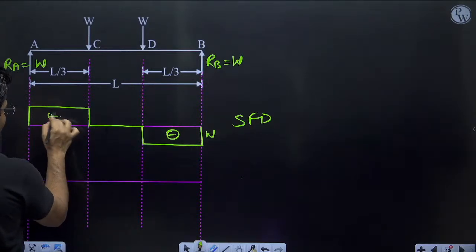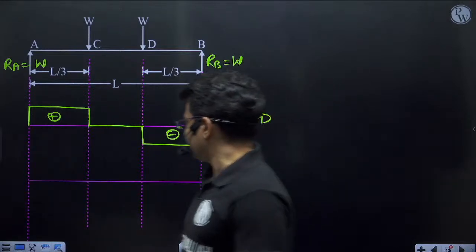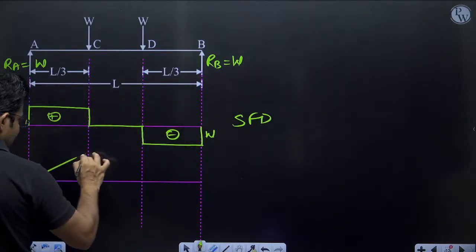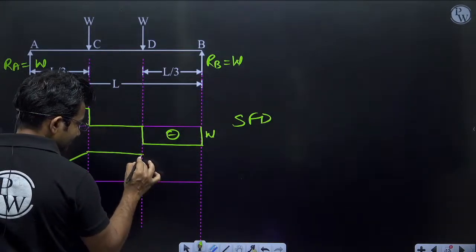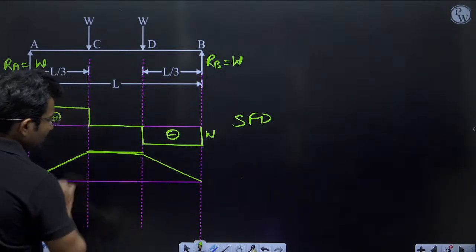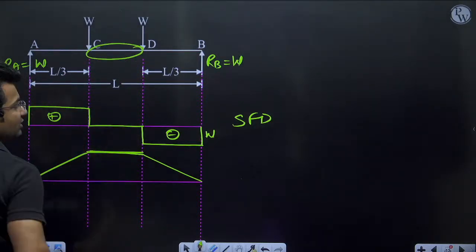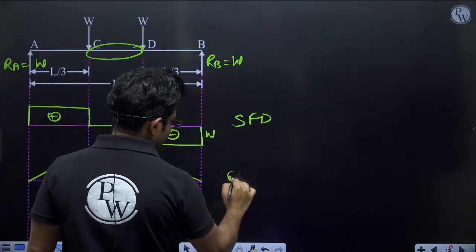So this will be positive. So this will be the shear force diagram. What will be the bending moment diagram? Bending moment diagram is also easy. This will be the bending moment diagram. Okay, now in this region, in the question they have asked about region CD. In region CD, shear force is 0. Okay, shear force is 0.